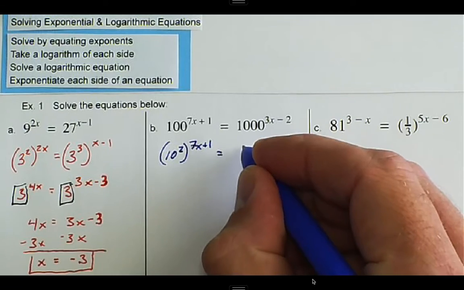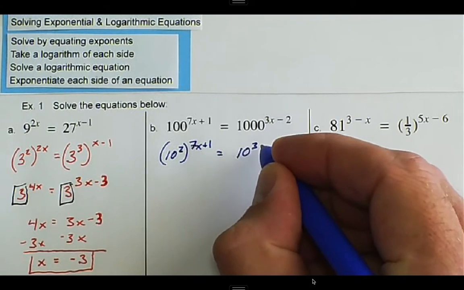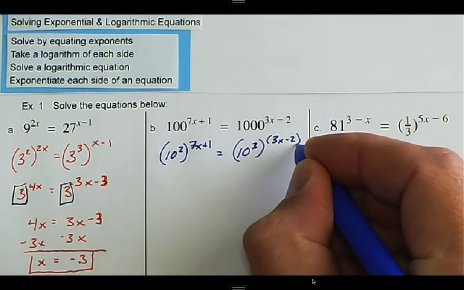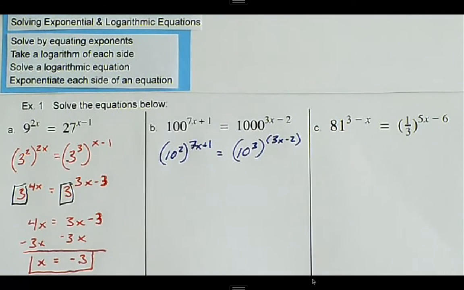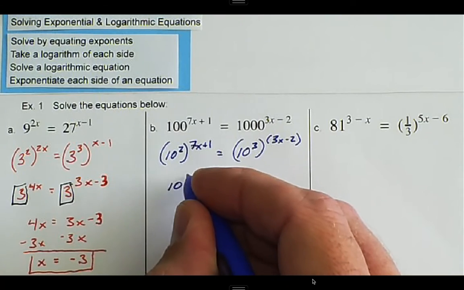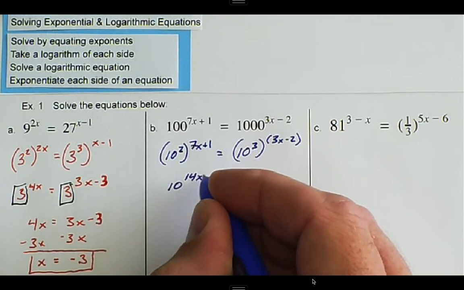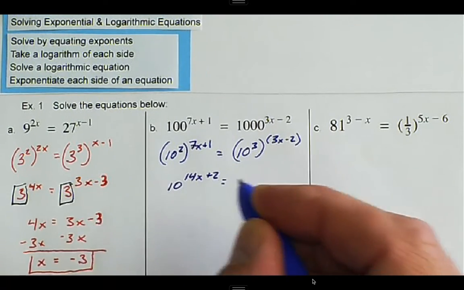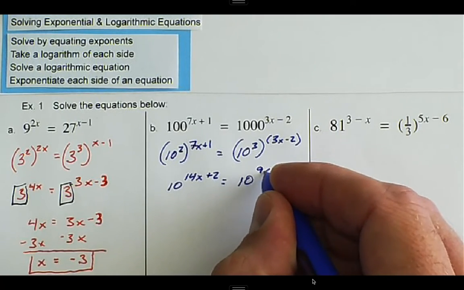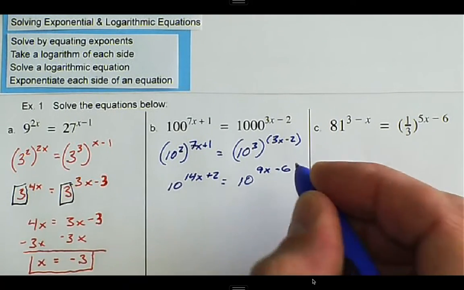And 1,000 can be written as 10 to the third raised to the 3x minus 2. Then we can distribute again, and we get 10 raised to the 14x plus 2 and 10 raised to the 9x minus 6.